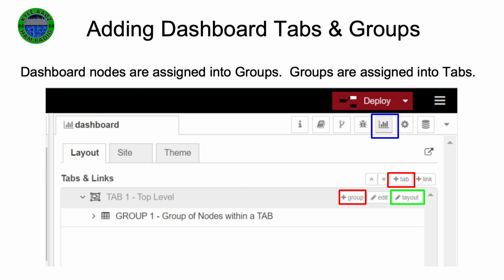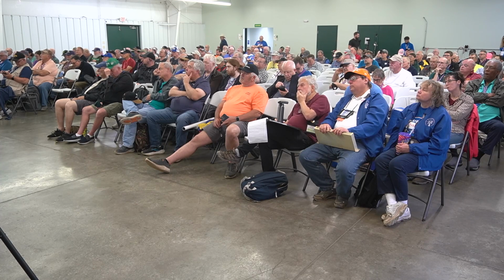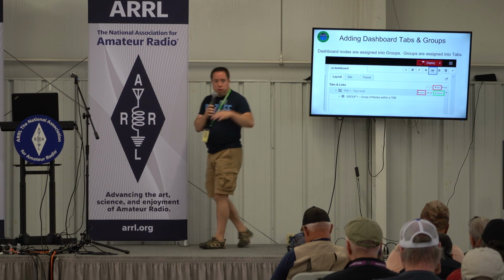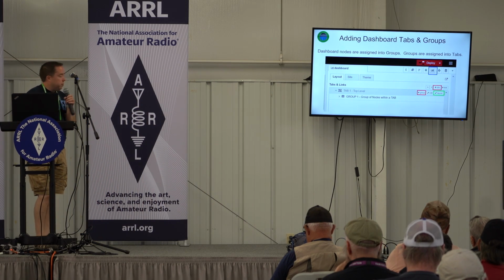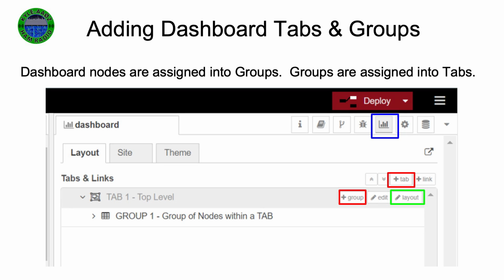Dashboard nodes go into groups, groups go into tabs, that's the hierarchy here. To make a new tab, you just type in the plus tab. To make a new group, you type in the plus group. And then to get to the layout, which I'm going to show you in a bit, you'll hit the layout button.